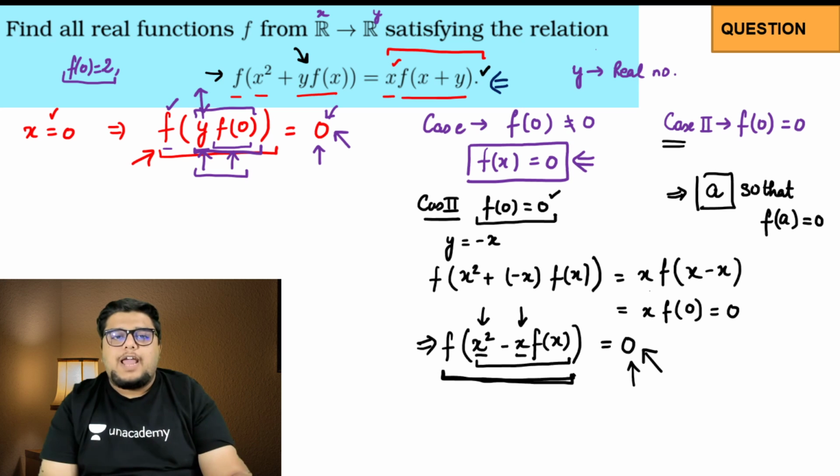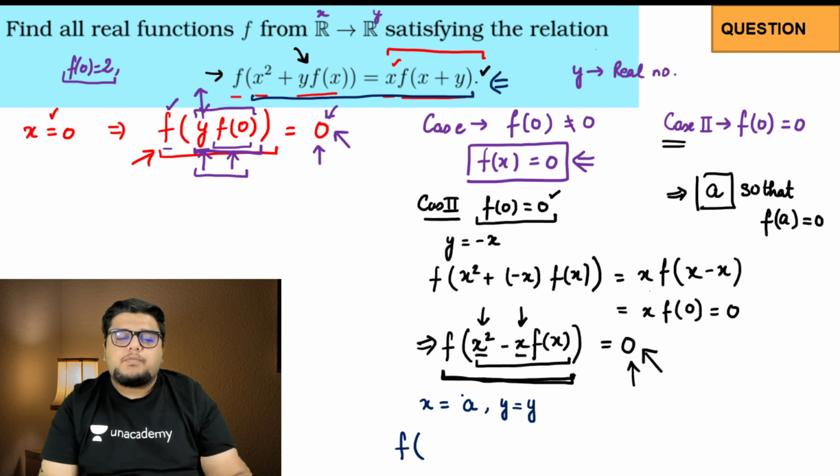So in this equation, I am putting x as a and y will remain y. So I will get f of a square plus y into f of a equal to a into f of a plus y.